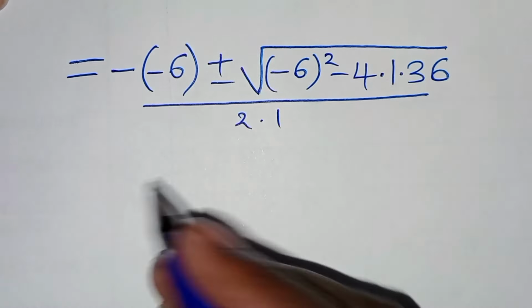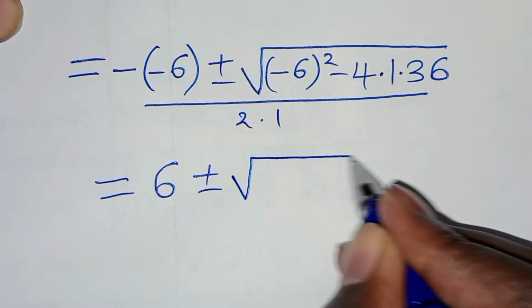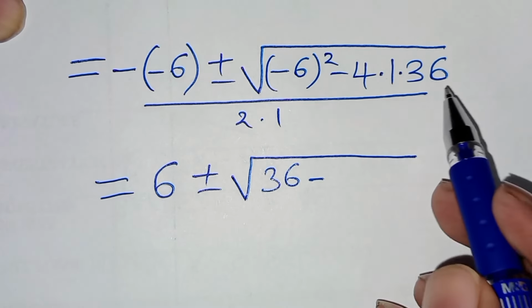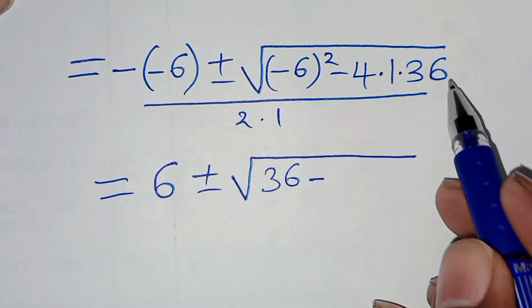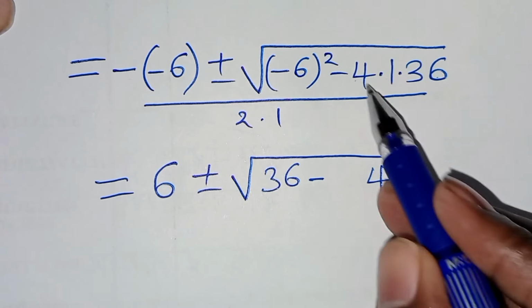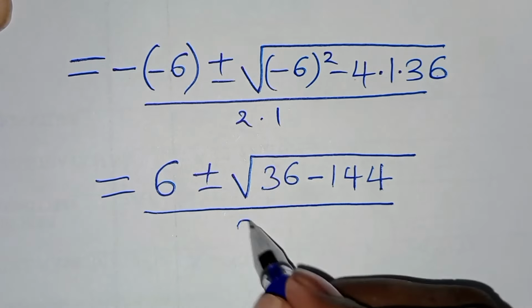So minus times minus 6 is equal to 6, plus or minus the square root of (minus 6) squared, which is 36, minus 36 times 4, which is 144, all divided by 2.